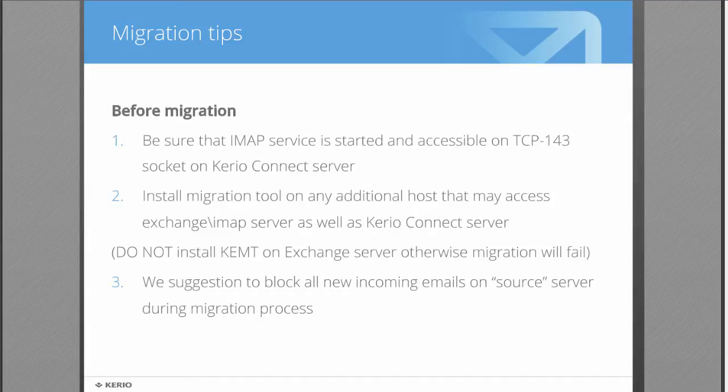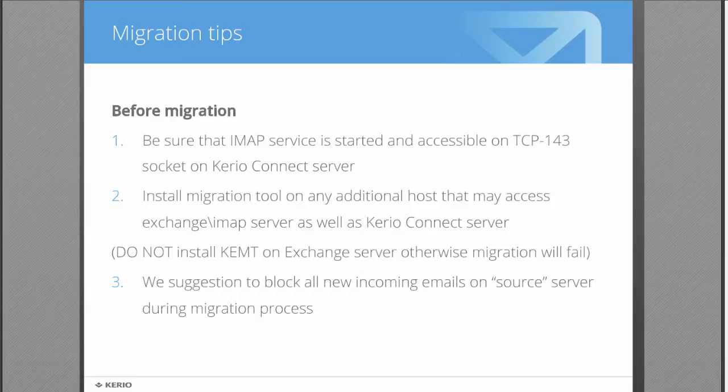Some tips. If you look at the first line, it is very clear. Every IMAP starts, and this is the typical 143 port, so nothing special. Just be sure that anything basic is done in the first place.